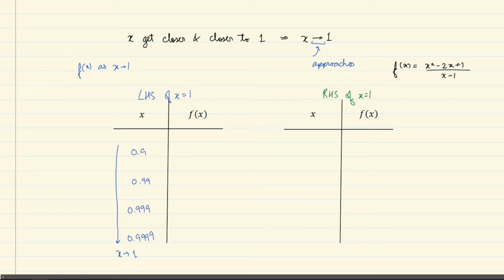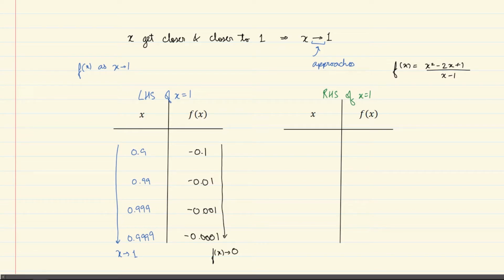So plugging these values into f of x, we get negative 0.1, negative 0.01, negative 0.001, negative 0.0001. So we can see that f of x is getting closer and closer to 0. In other words, f of x is approaching 0.